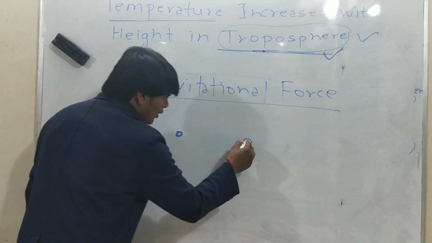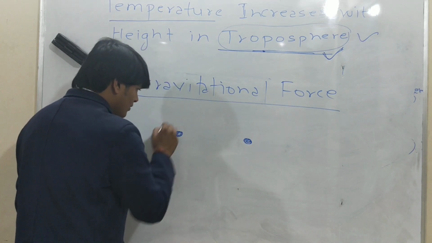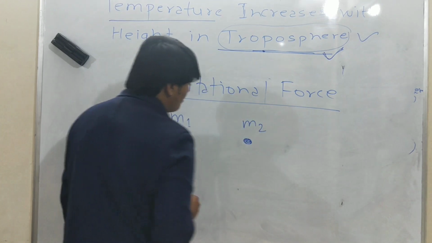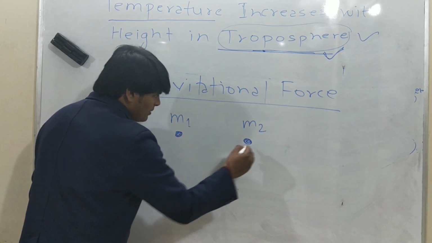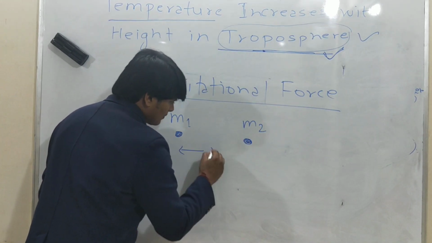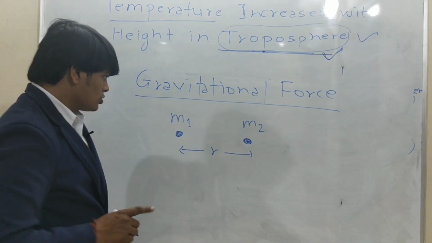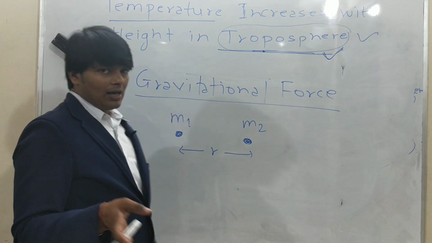Suppose there are two bodies or particles, one has mass m1 and the second has mass m2, and the distance between these particles is r. So what is the gravitational force?